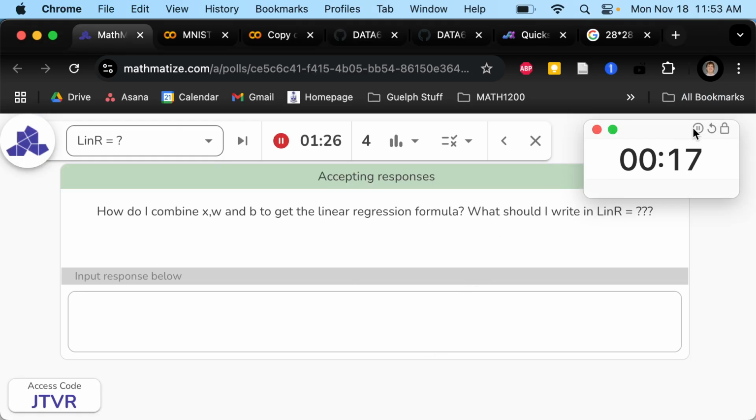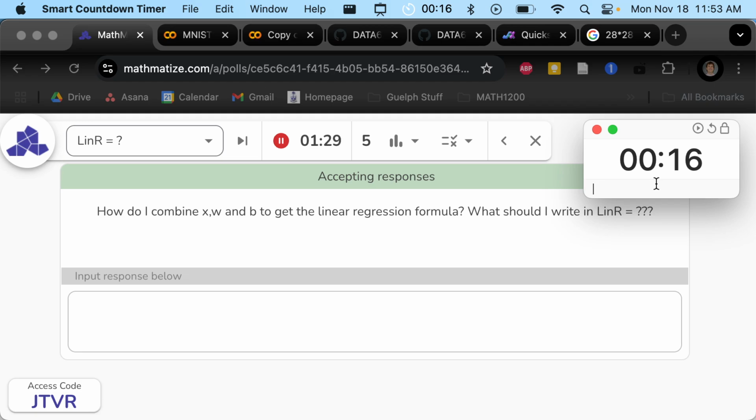Okay, looks like people need more time. Let me give you another minute. Feel free to talk to your neighbors and speculate on what could be in this thing. How would you type this formula into the computer?